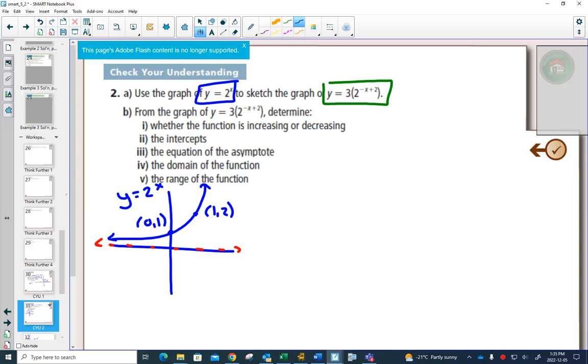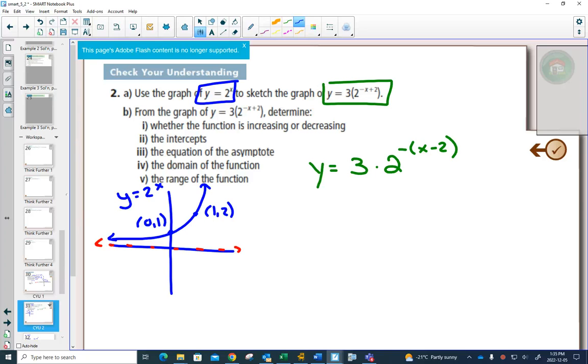Now, to graph the green equation using transformations, first, I'm going to write this in factored form. Remember, when you have a horizontal stretch, reflection, or compression with a horizontal translation, we had to write it in factored form.